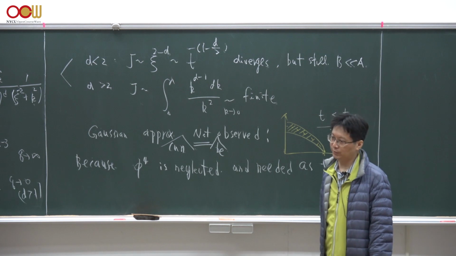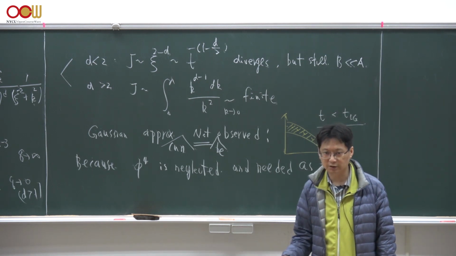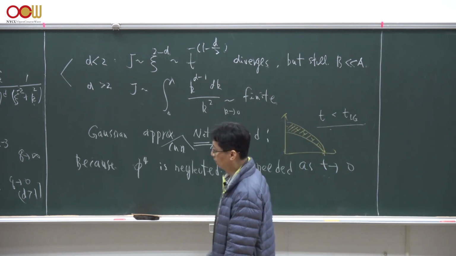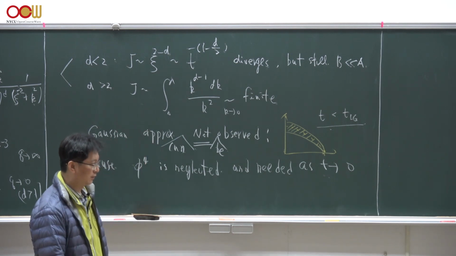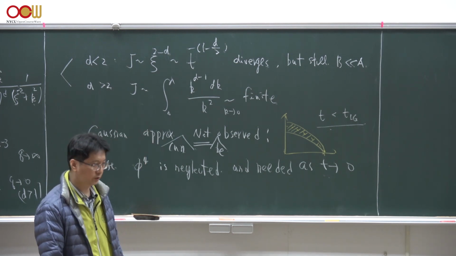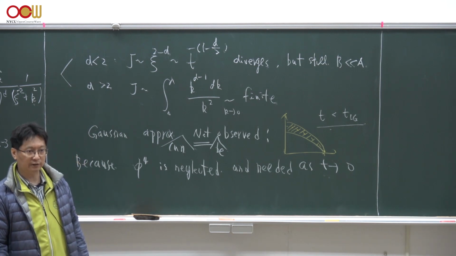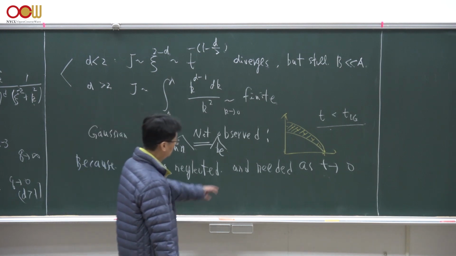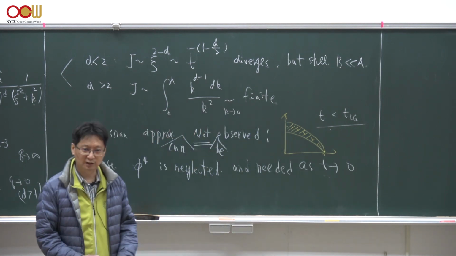And that explains the difference between this Gaussian predicted exponents and the exponents that are either derived rigorously or observed experimentally. So there are always finite differences between the observed critical exponents and the Gaussian predicted exponents, precisely because of this inevitable critical region where the Gaussian theory must fail.